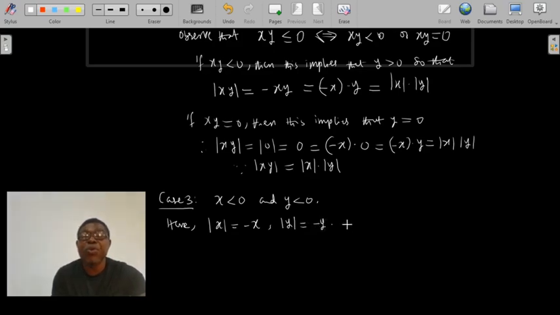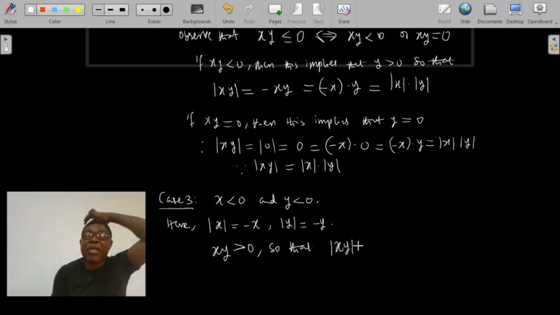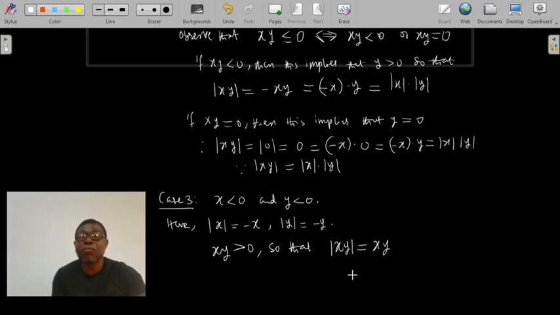Again, we should know that for the fact that x is less than 0 and y is less than 0, xy will of course be bigger than 0. xy is bigger than 0, so the absolute value of xy will be the same thing as xy.